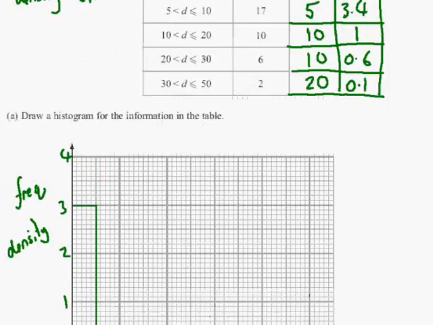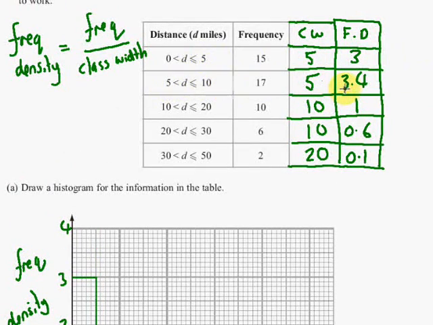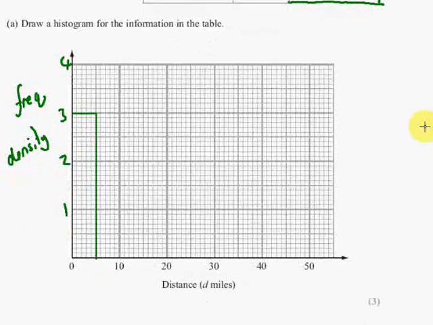Now, next one then. From 5 to 10 is 3.4, so same thickness, 3.4. Now, I've picked a scale where 1 square is 1. Okay, that should be a straight line, but that's okay. That's the second one done.